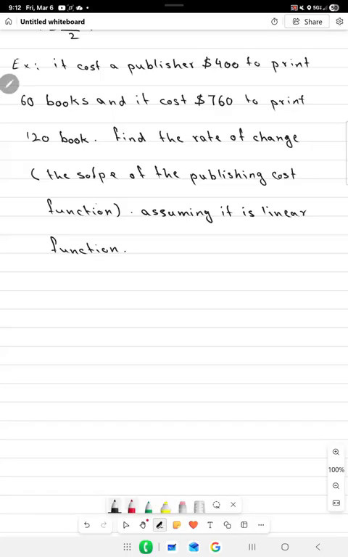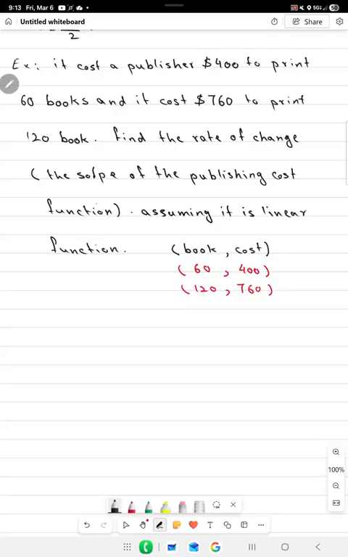One of them is books, and the other one is cost. 60 books cost $400, and 120 books cost $760. Do you see you get two ordered pairs?